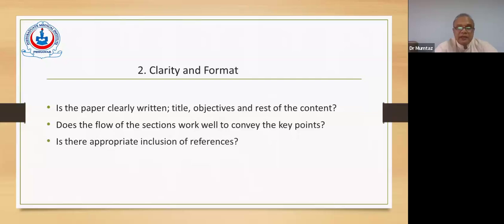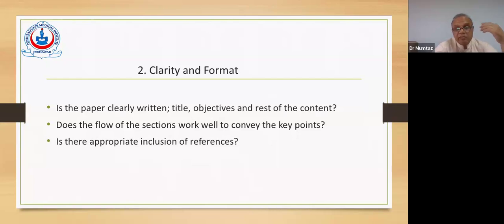After the significance or novelty, we see the clarity in format. The format you might have seen in the guidelines and the policies, what format the journal adopts or instructs the authors to write in.